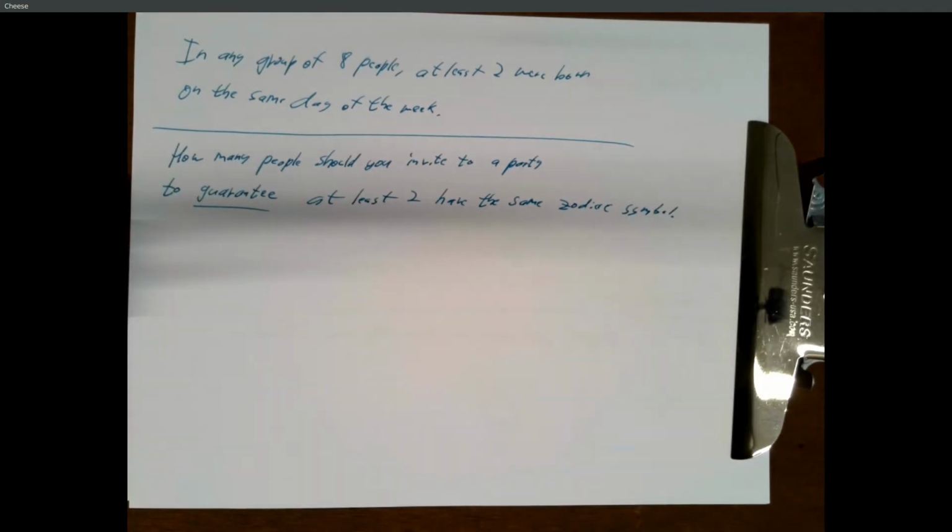There's 12 zodiac symbols. Everybody has one based on when they were born. Or think of birth months. So how many people should you invite to a party to guarantee that at least 2 of them have the same zodiac symbol or were born in the same month?